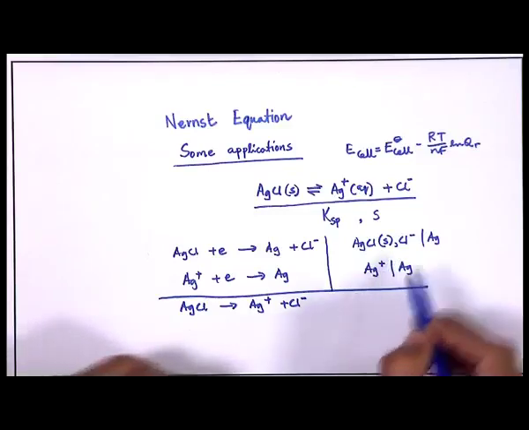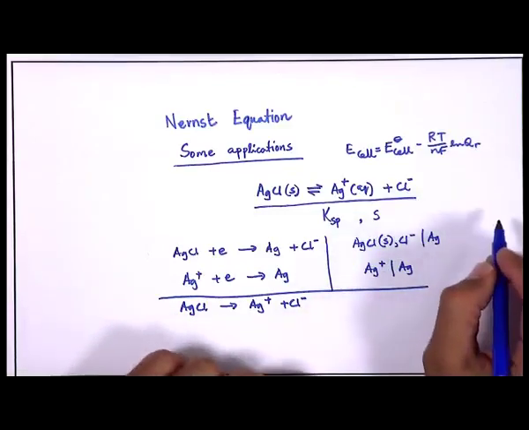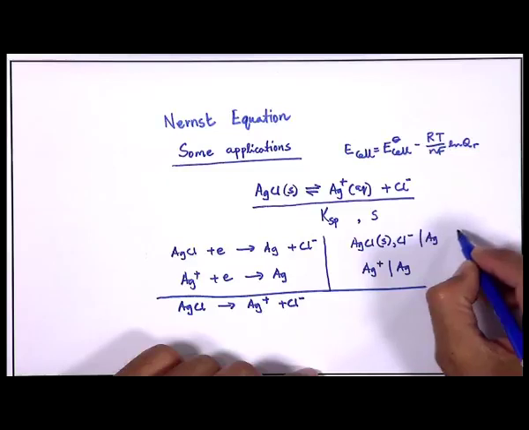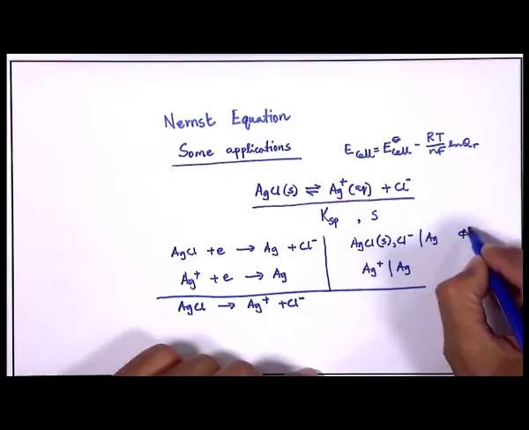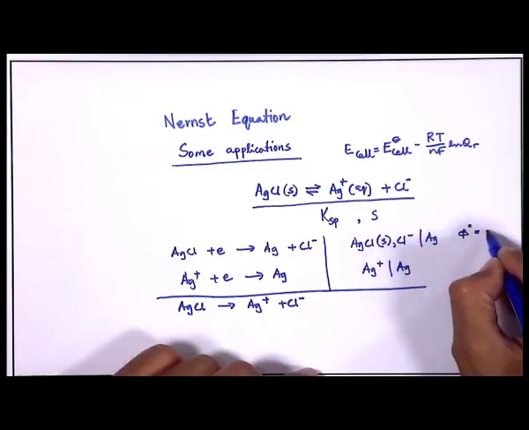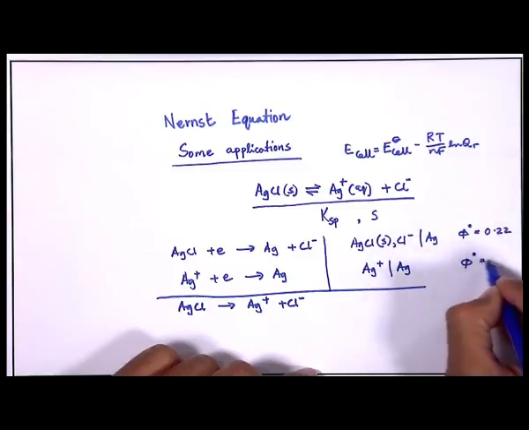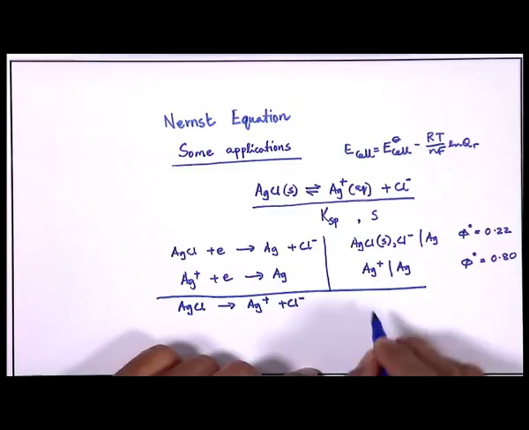Okay. So, the half cell potentials, that is, the standard reduction potential, for this one is phi 0 equal to 0.22 and here phi 0 is equal to 0.80.